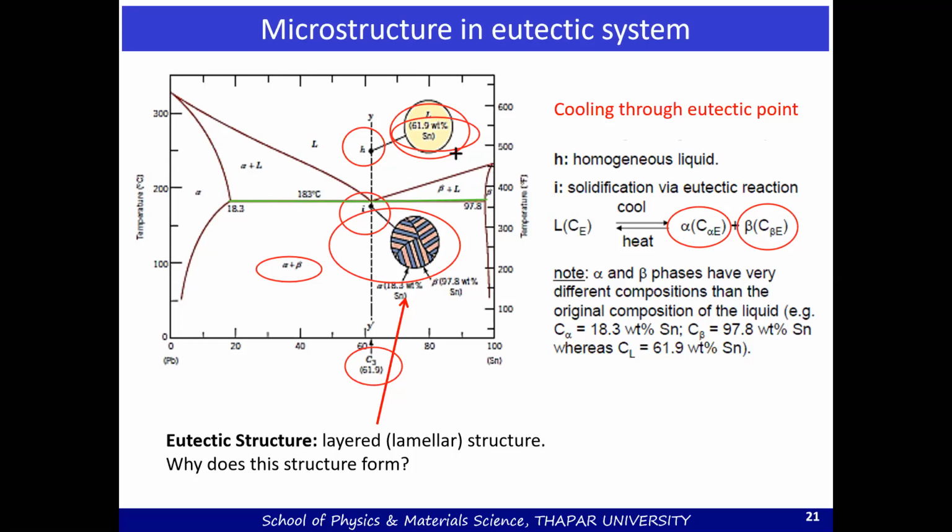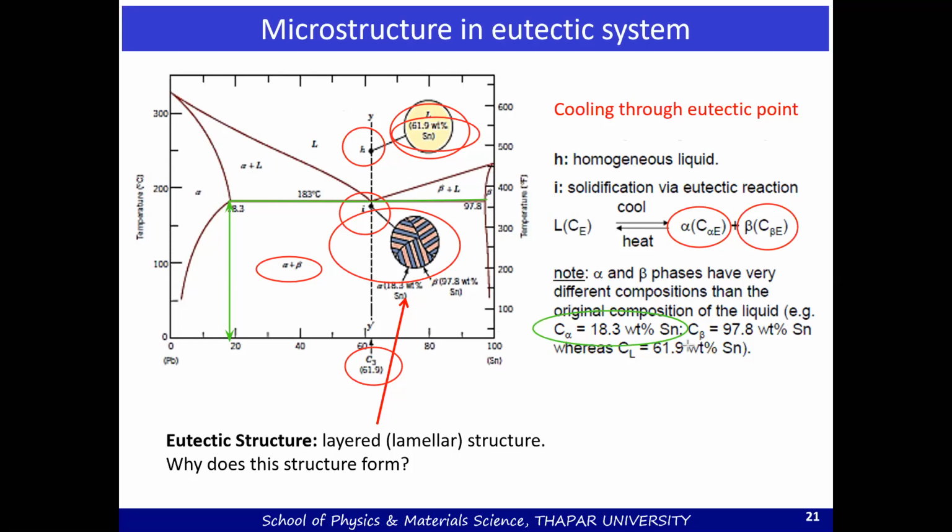The point where it intersects the alpha region, if I draw a vertical intercept on the x-axis, it is going to give me the concentration of the alpha phase, which we have mentioned here, C alpha as 18.3 weight percent of Sn. You can see it is slightly less than 20.